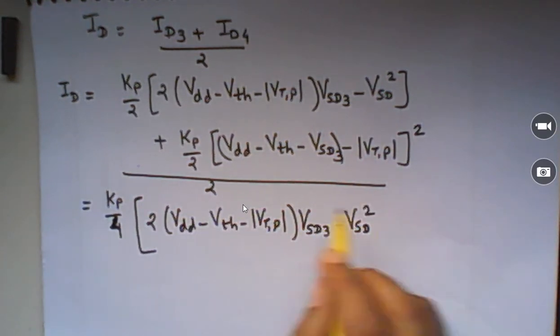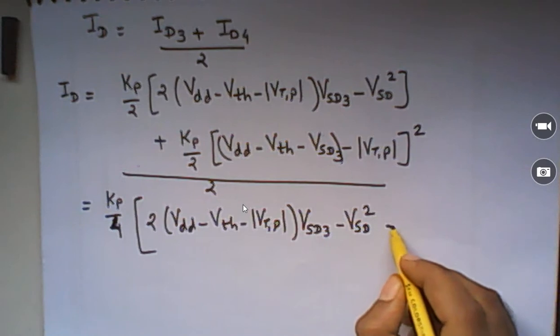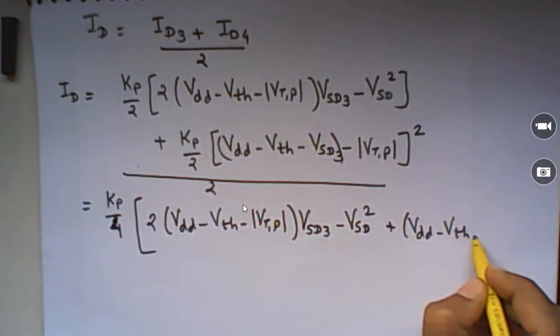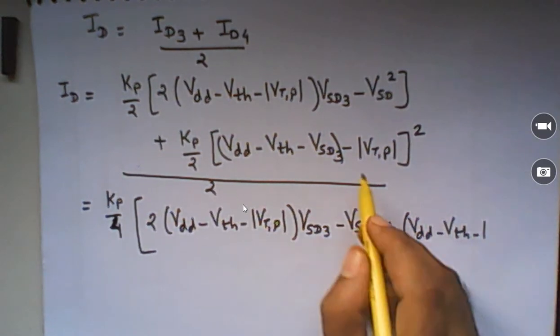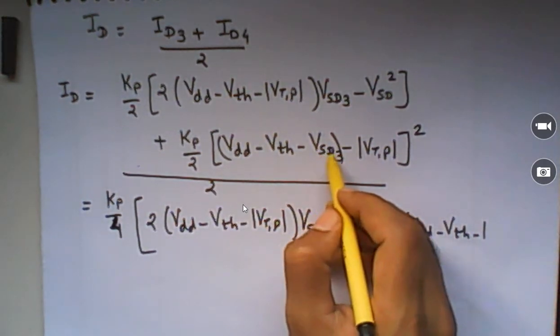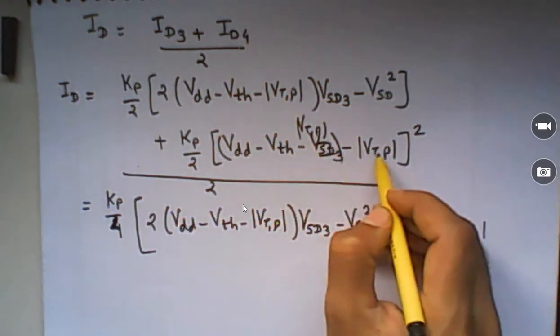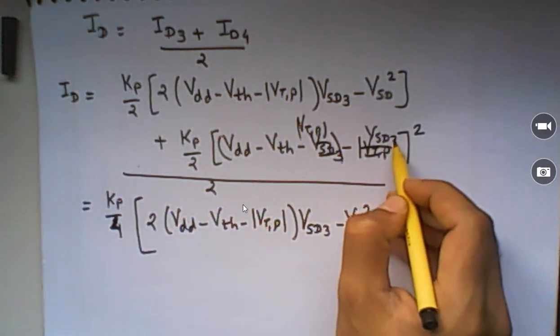So this can be written as A squared, where A is VDD minus VTH minus VTP, and VSD3 here.